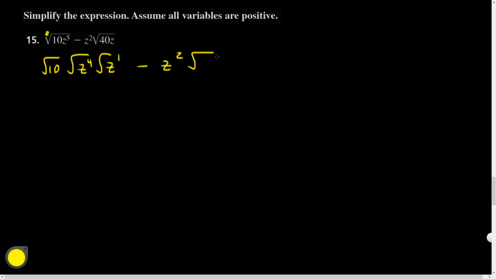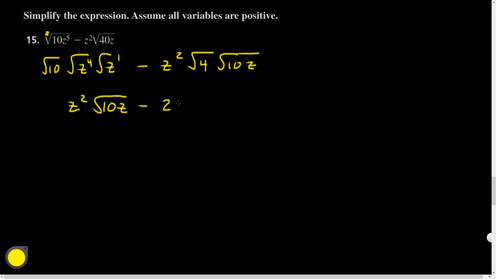Square root of 40, largest square root that goes into 40 is 4 and 10. So 4, I've got a 10 and a z. Okay, so square root of z to the 4th is z squared, and because I'm assuming positive, I don't need the absolute values to show up, times the square root of 10z, as the two irreducible parts can just be written in a single radical. Square root of 4 is 2.